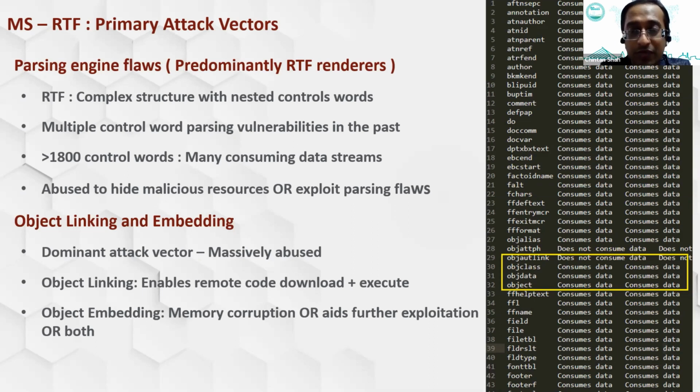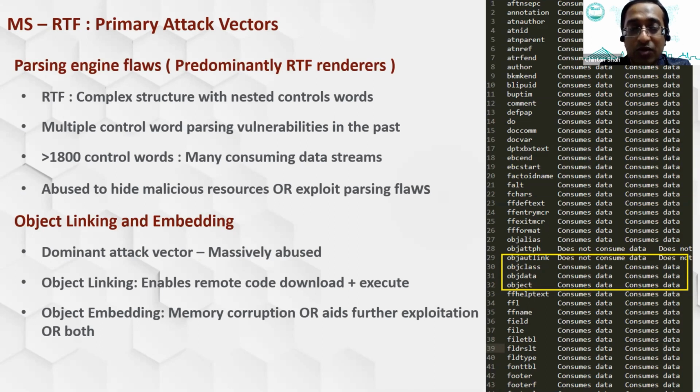That's one of the serious drawbacks of OLE. If you are able to find an OLE control which allows you to link your RTF file to an external file anywhere outside, then virtually you can download any file, invoke the respective resource handler, and execute arbitrary code. That's what we have been observing.